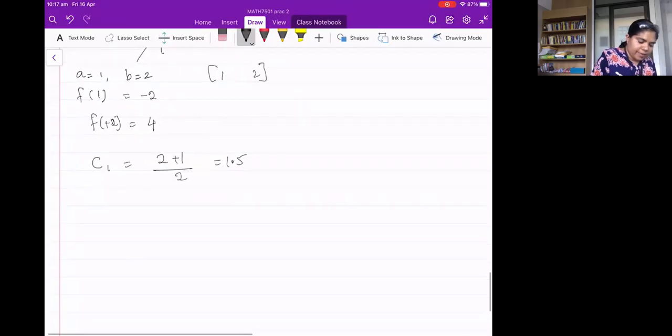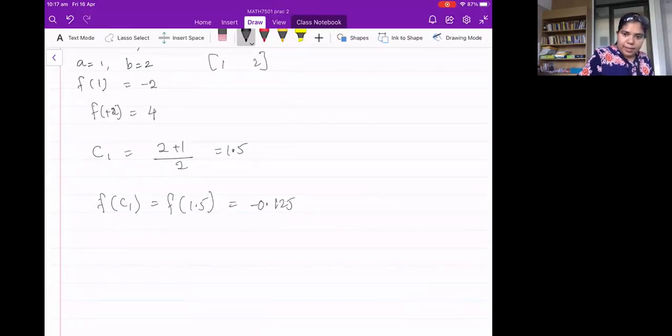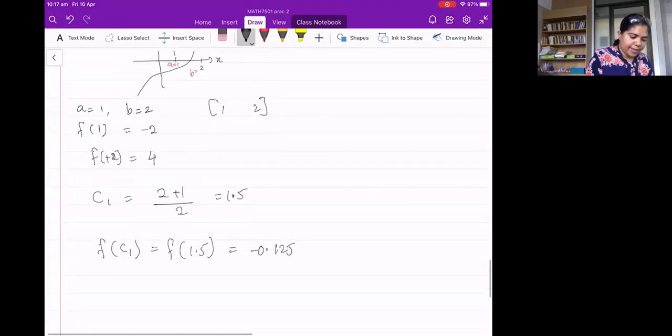Now the function value at 1.5, f of C1, is equal to f of 1.5, which is equal to minus 0.125. This is still negative. So A is replaced with 1.5 for the next iteration.